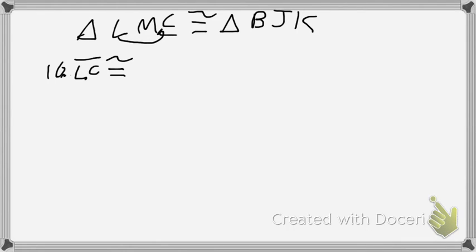LC, line segment LC. So you look up and you see that from the first triangle, L is the first letter, C is the second letter. So that right there, you just go over and pick the exact same sets from that second triangle, BK.